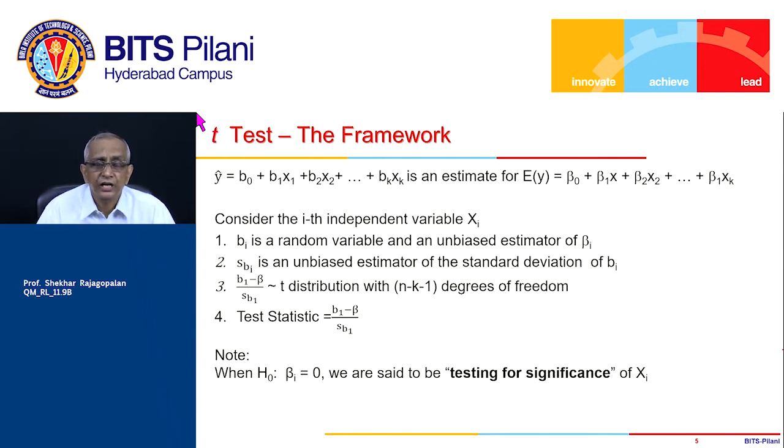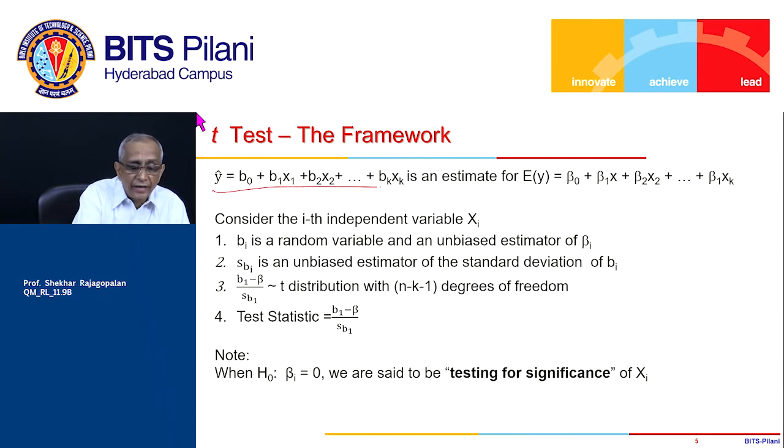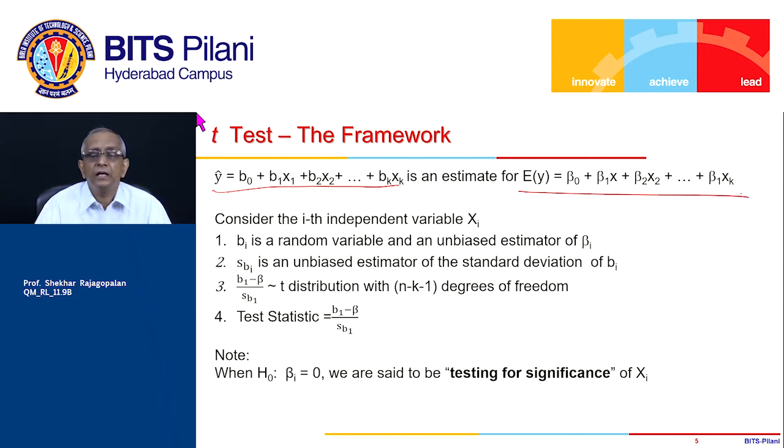Let's discuss the framework for a t-test. I have this estimate, y hat equal to b0, etc., which is an estimate for the regression model, expected value of y equal to beta naught plus beta 1 x1, and so on. Now let's consider the ith independent variable xi.